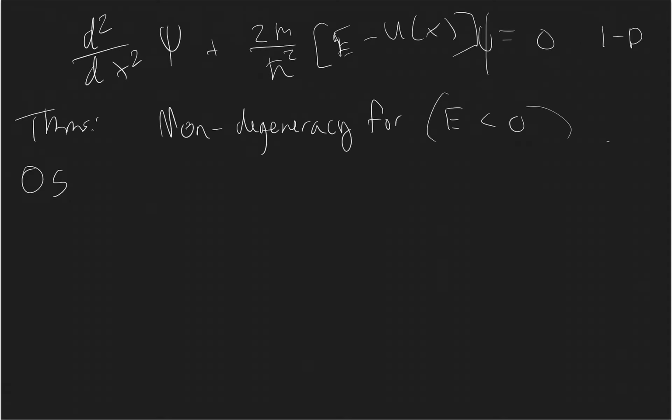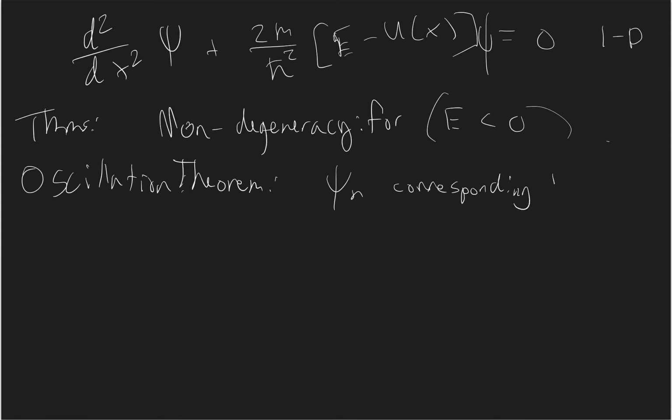I hope that makes intuitive sense, but the next one is oscillation. Let's call this the oscillation theorem. This is a really simple idea. We have eigenfunctions psi sub n, which is our basis, corresponding to the n plus 1th energy level, E sub n.